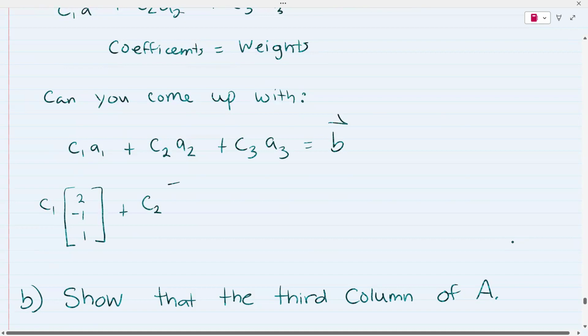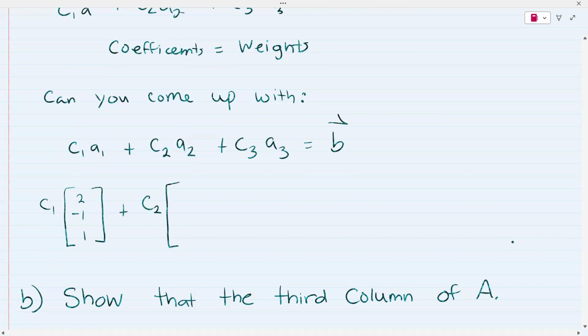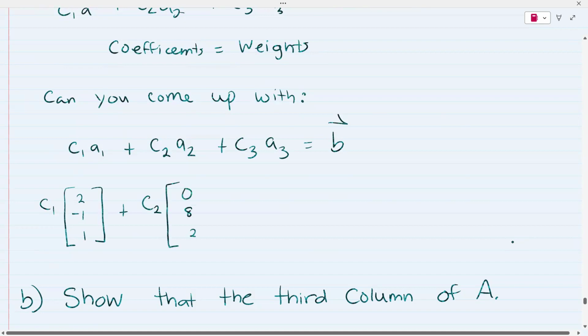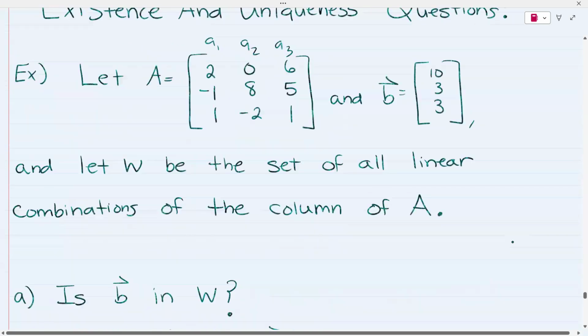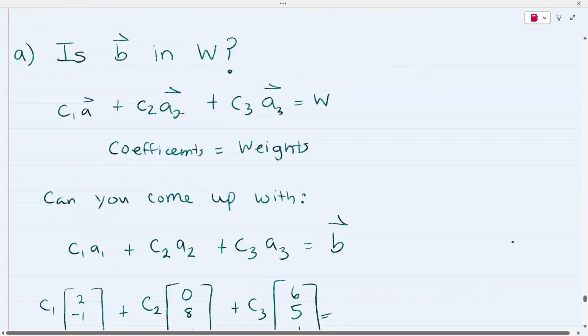And then C2 is 0, 8, -2. And C3 is 6, 5, 1. And then does that give you vector 10, 3, 3, vector V?